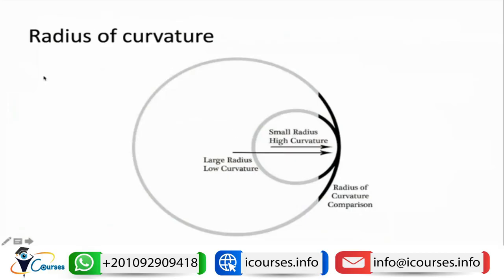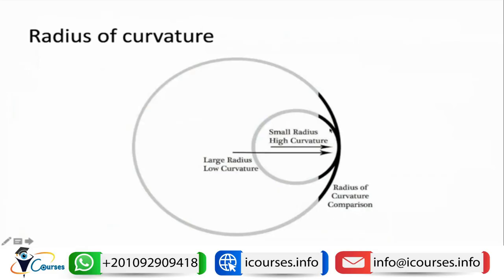The radius of curvature, as we mentioned in the early lectures, is the distance between the center of curvature of any sphere and any point on the surface of this sphere. If we have a large sphere, it has a large radius of curvature, however the lens itself has minimal curvature, so it is less curved.